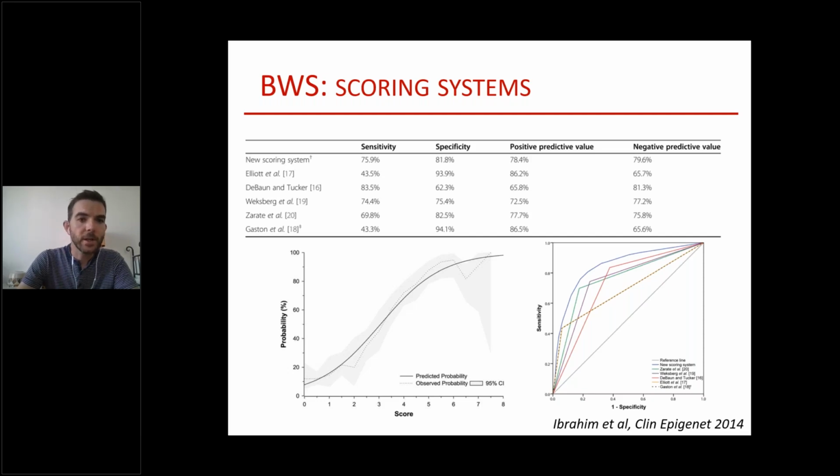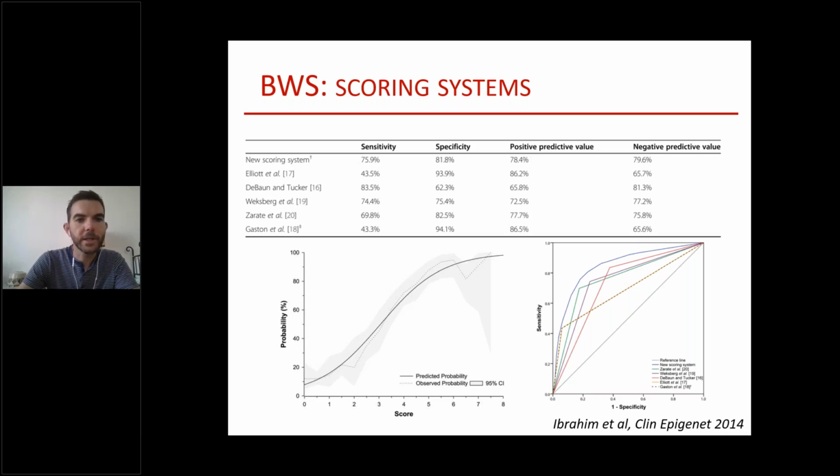You can see that some of these scoring systems are highly specific but with a low sensitivity, meaning that you will miss a lot of patients. And some other clinical symptoms are highly sensitive, meaning that you will miss only few patients, but in this case, the specificity is usually very low.